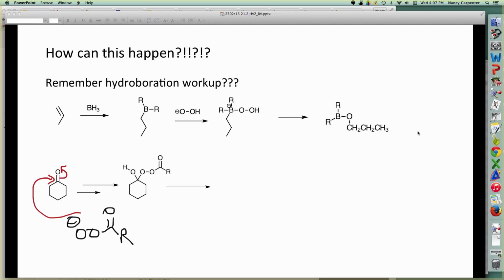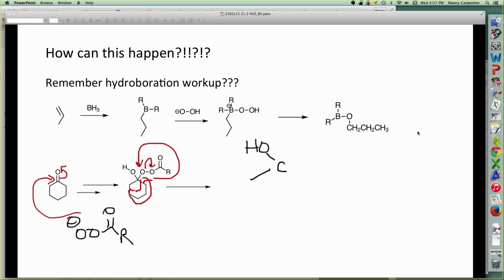So I'm going to shift this alkyl group all the way over. Ooh, I'm running out of room here. To that oxygen to make a new intermediate. And that intermediate is going to look like this.